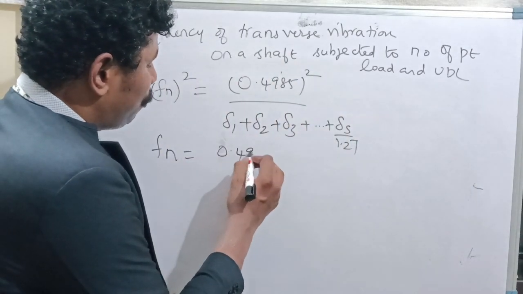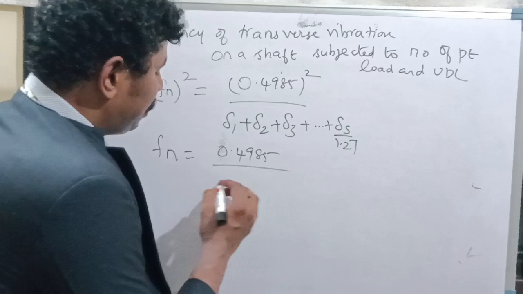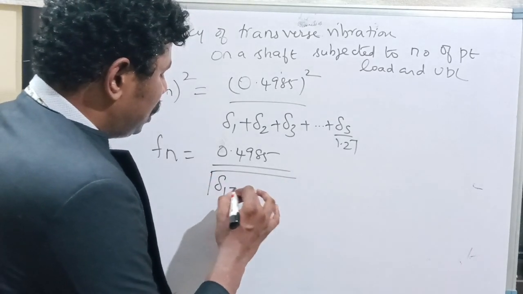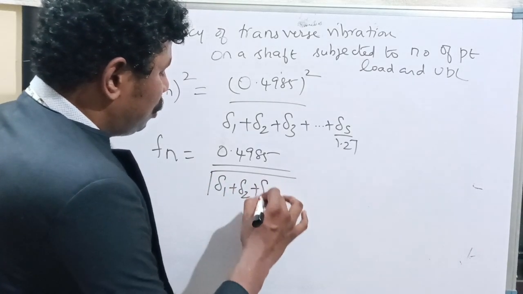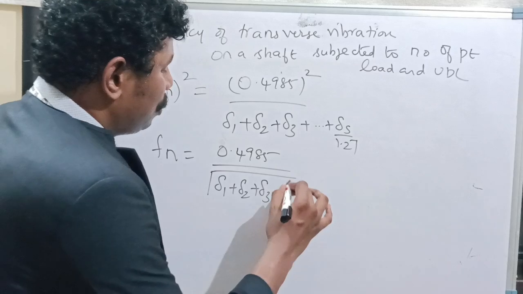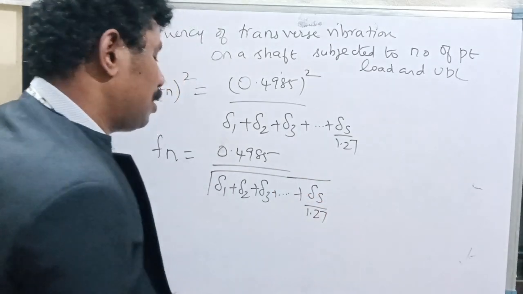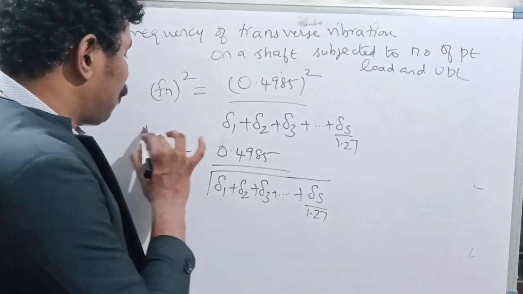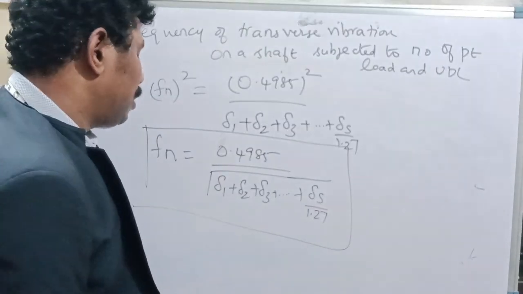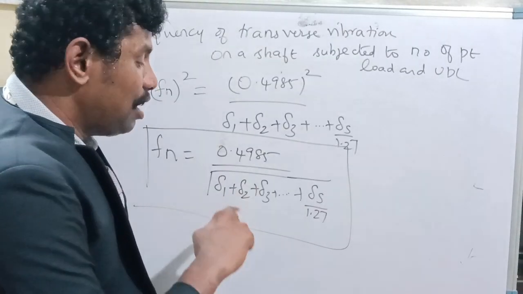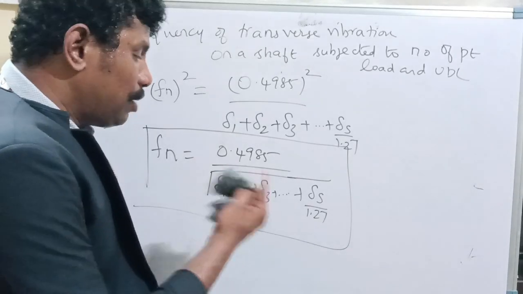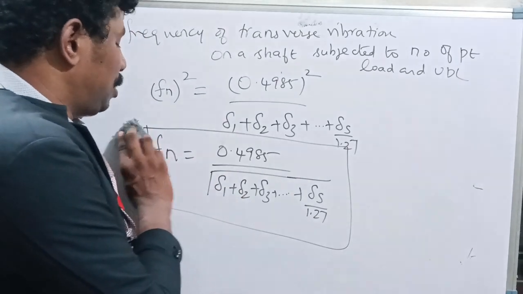So 0.4985 divided by root of delta 1 plus delta 2 plus delta 3, and so on to delta S divided by 1.27. So this is the formula for calculating the frequency of the transverse vibration while considering the point loads as well as the uniformly distributed load.